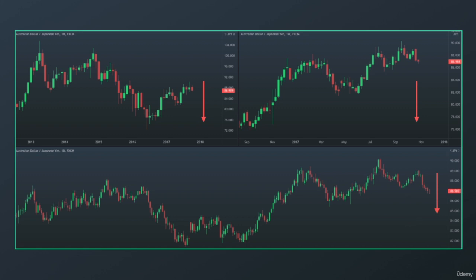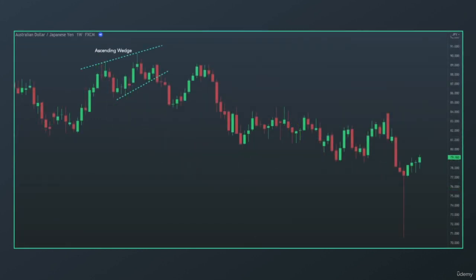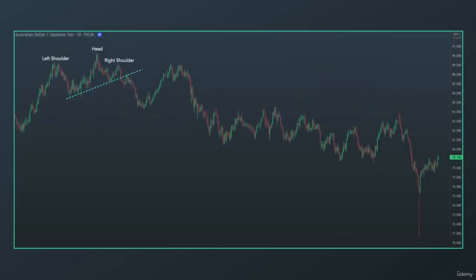All right, so let's see what happened. On the monthly time frame, this is our high test, and then price moved down. Weekly time frame, this is our ascending wedge, price moved down. And then lastly, our daily time frame.